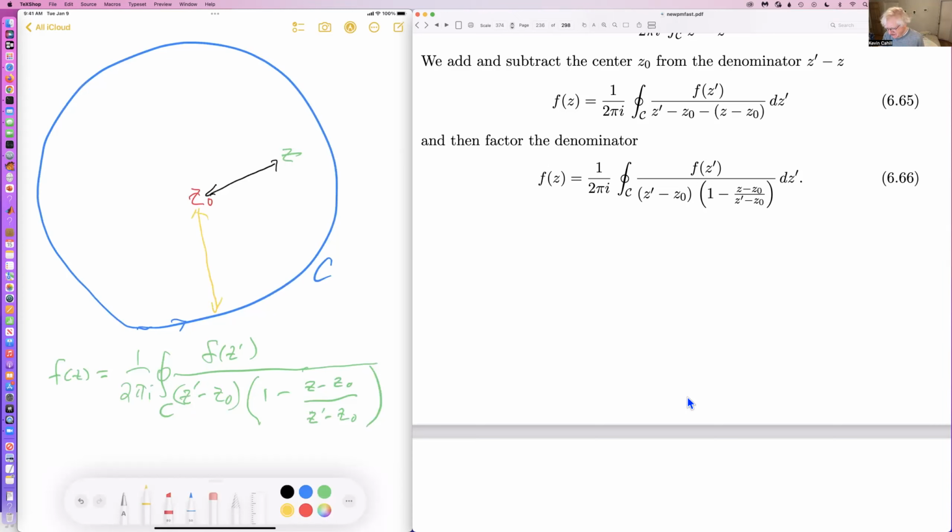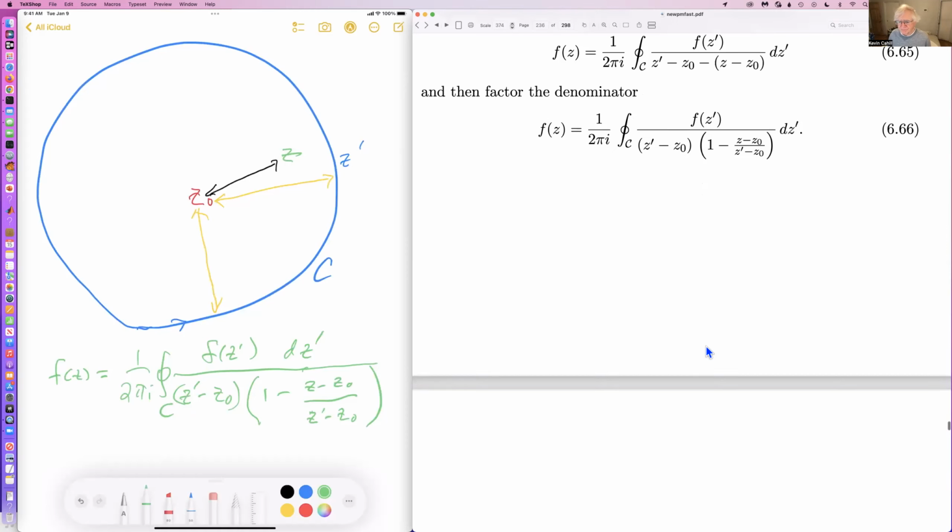And this would be obvious if I had drawn this as a perfect circle, but I didn't. But it's sort of obvious here that z is closer to z0 than z prime. z prime is along here, and I forgot a dz prime.